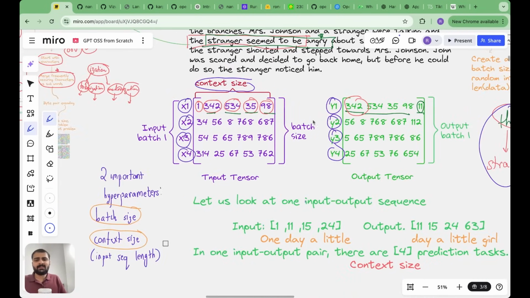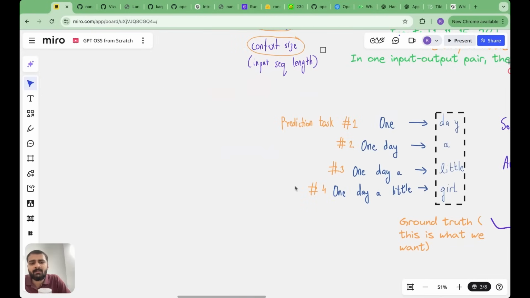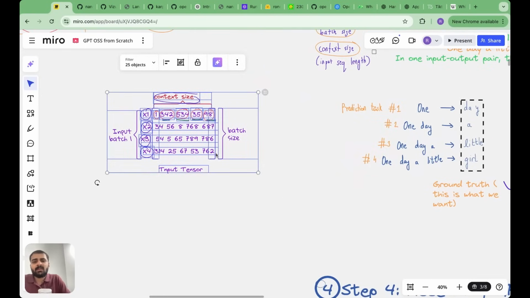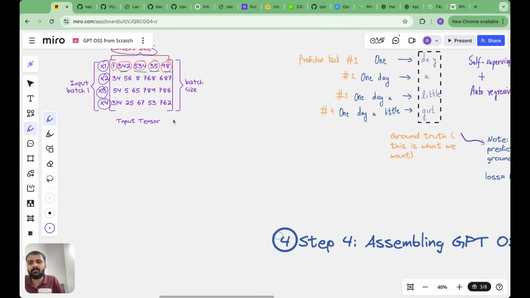What will happen is that this entire input, which I have marked over here, will essentially go through my model, and the model will give me some predictions.